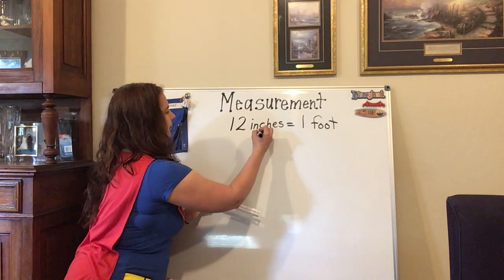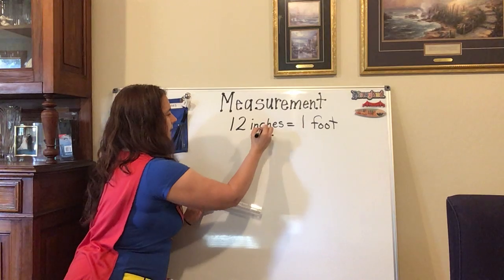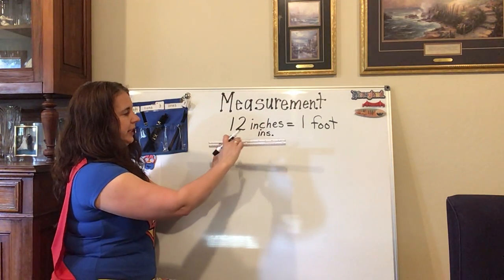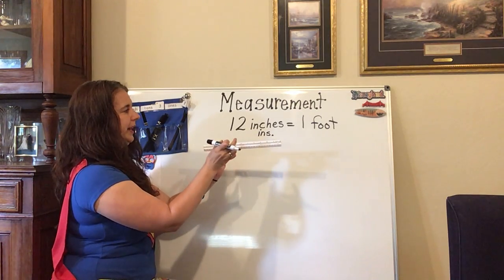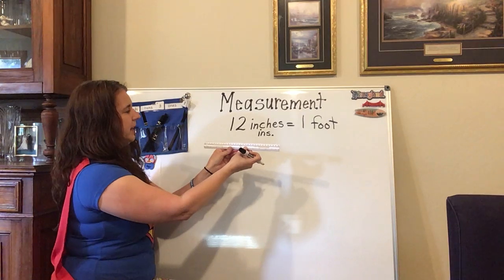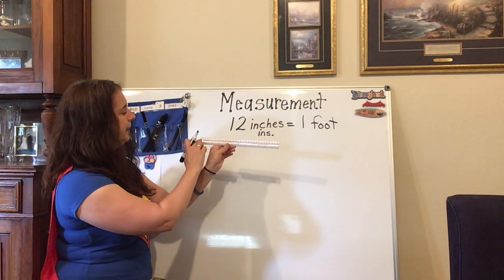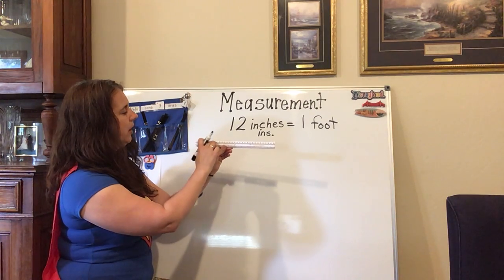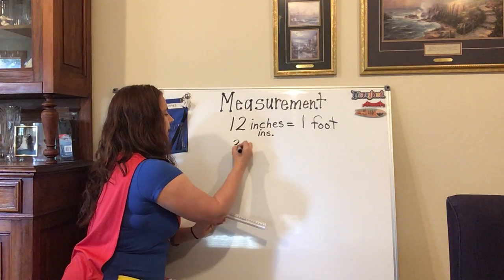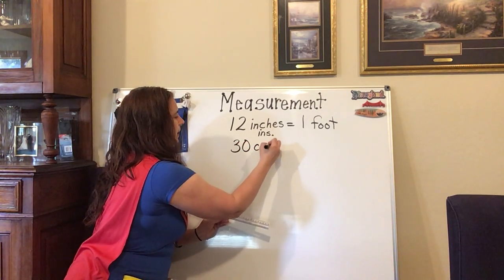Remember the shortcut way for inches, we could do INS period. That's kind of our abbreviation. Okay, so remember measuring in inches is kind of like the spread out way. But if we flip it over to this side, we're going to have centimeters. When we read our ruler from 0 all the way across on our foot ruler, we notice that we have 30 centimeters.